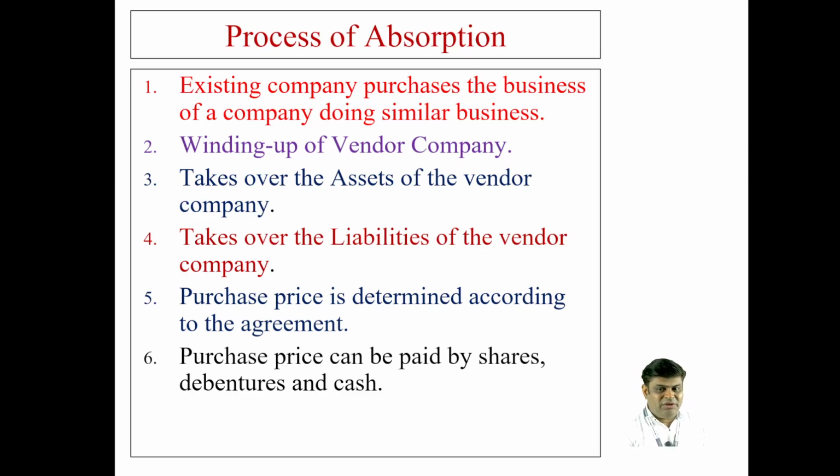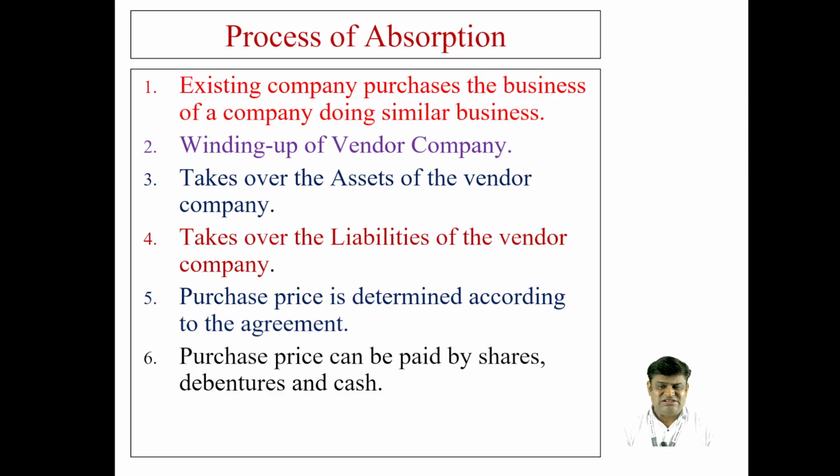Then on the basis of assets minus liabilities, or the lump sum method, or the payment method, the purchase consideration is decided. The purchase consideration is nothing but the price paid by the purchasing company to the vendor company. Already we have seen the process of calculation of purchase consideration in the last lecture.